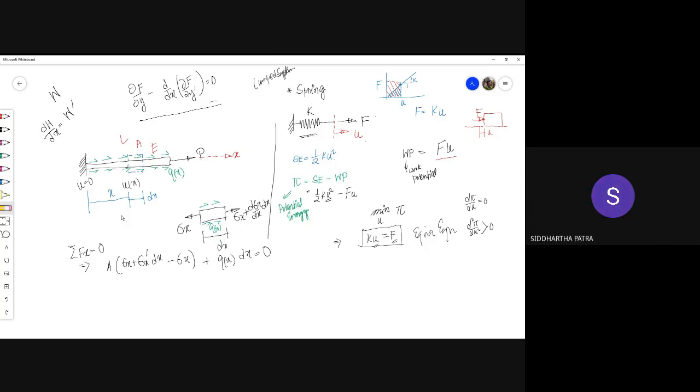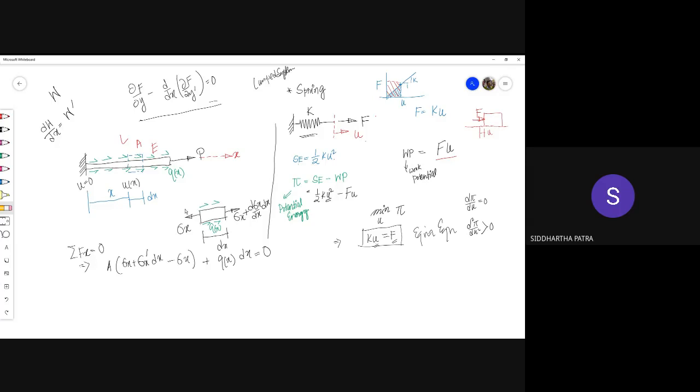Exactly. Actually, that force P is already being considered when I'm considering the stress on this side, and similarly, that force is also considered on the other side when I'm considering the stress there. So at this point, I'll not be bothering myself with what happens to the point load within the bar. But when it comes to the boundary condition, we'll definitely bother ourselves with that.